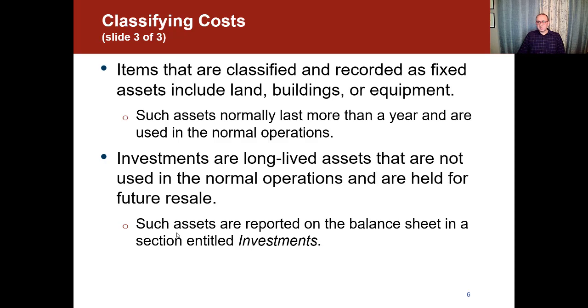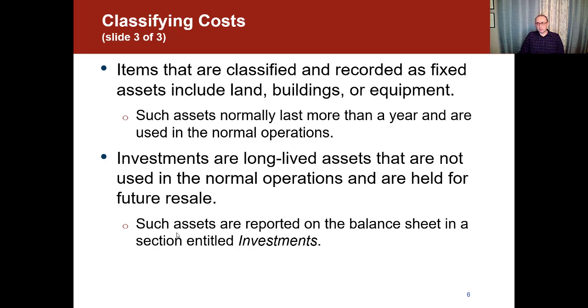Items that are classified and recorded as fixed assets include land, buildings, or equipment. Such assets normally last more than a year and are used in normal operations. So these are pure plant assets or property, plant, and equipment, because these are things that are normally used in operations. Investments are long-lived assets that are not used in the normal operations, and they are held for future resale.